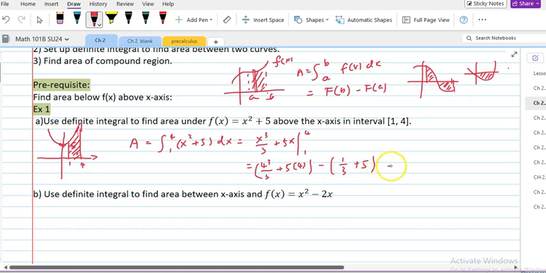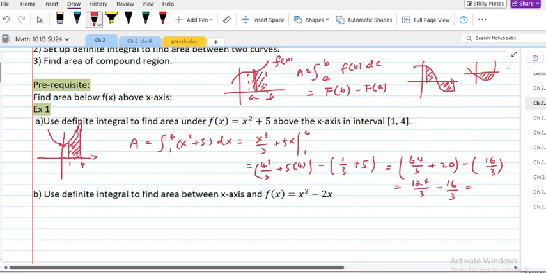So I would have 64 over 3 plus 20, minus 1 over 3 plus 5, which is 16 over 3. And this would be 124 over 3 minus 16 over 3.